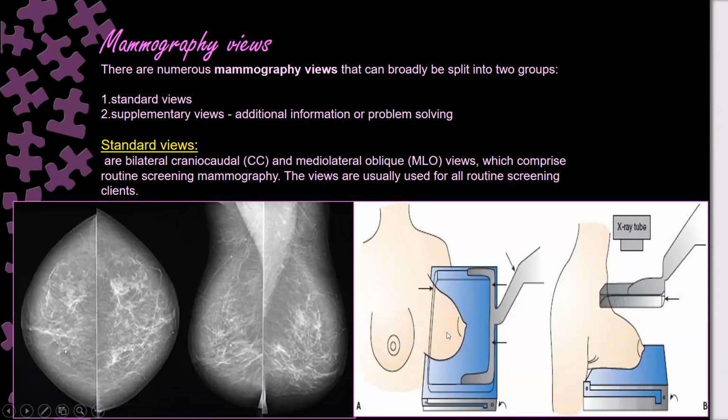And for the MLO, the image receptor is placed along the axis of the pectoralis major muscle, and the X-ray comes from the medial portion of the breast, perpendicular to the pectoralis muscle axis.